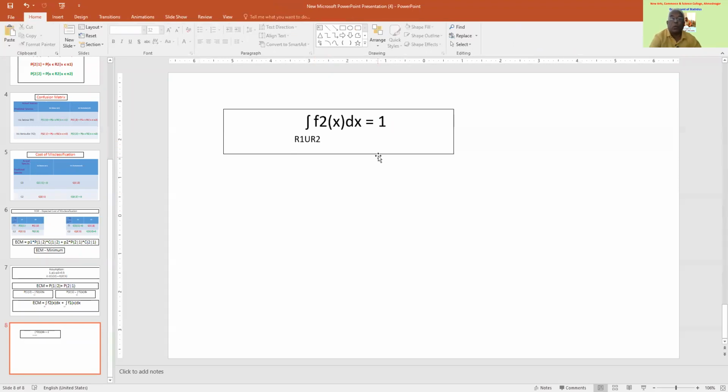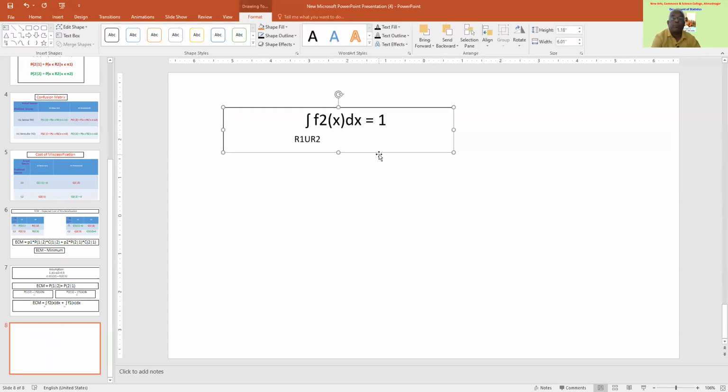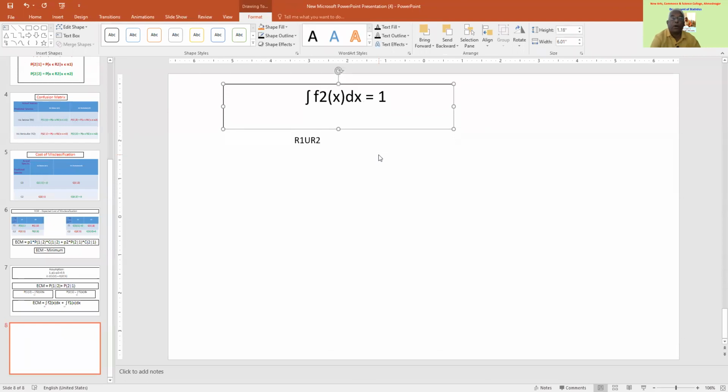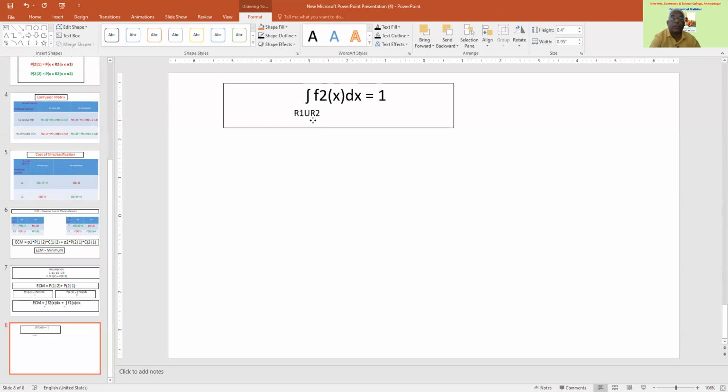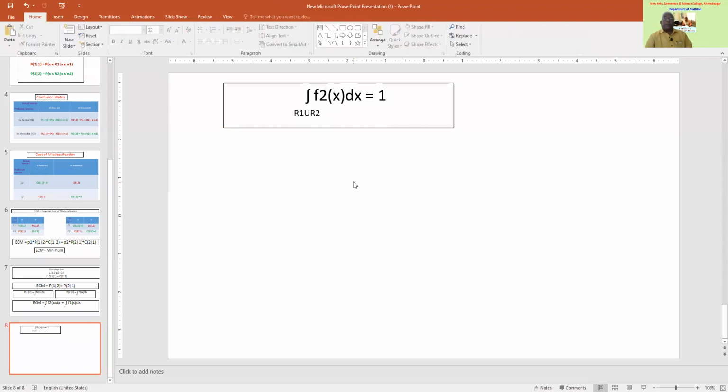Integration of F2 over the union range R1 union R2 is 1. On similar lines, we can write integration of F1(x) dx on R1 union R2 is 1. But these R1 and R2 are distinct ranges because distributions are different.